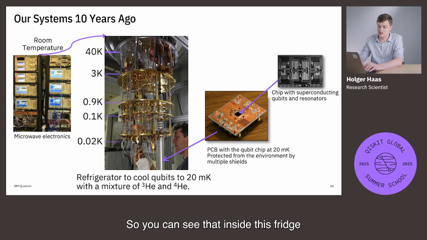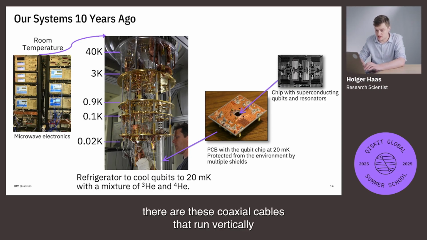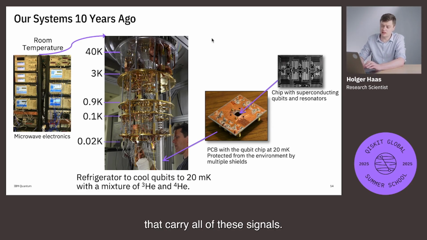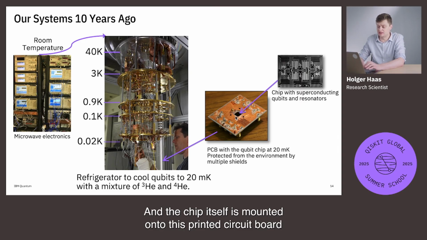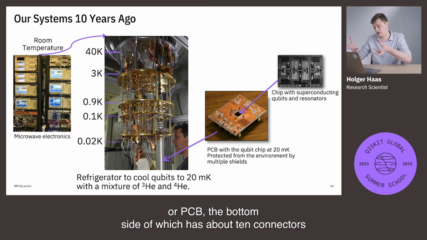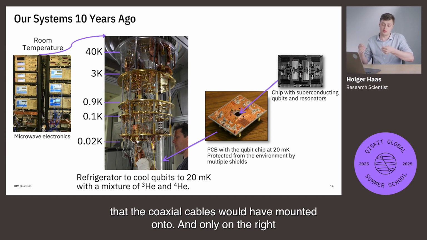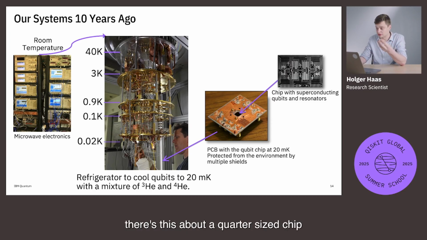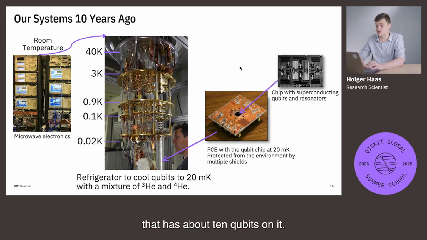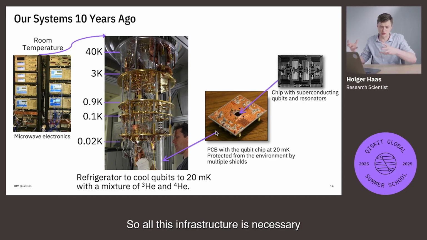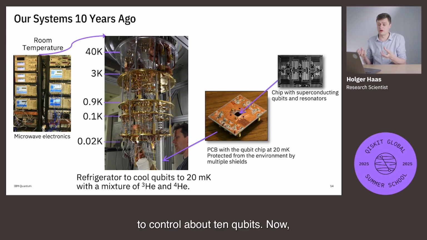So you can see that inside this fridge there are these coaxial cables that run vertically that carry all of these signals, and the chip itself is mounted onto this printed circuit board, or PCB, the bottom side of which has about 10 connectors that the coaxial cables would have mounted onto. And on the right, there's this about a quarter-sized chip that has about 10 qubits on it. So all this infrastructure is necessary to control about 10 qubits.